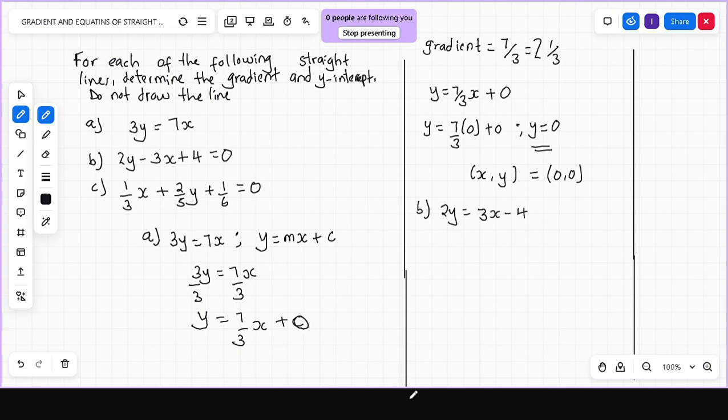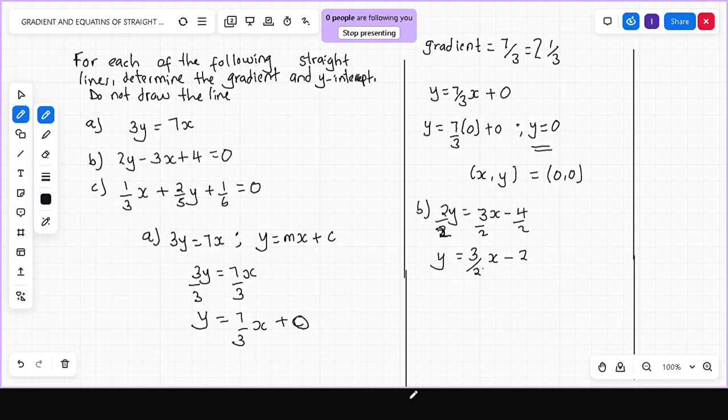The 3x and the 4 cross the equal sign, and the sign of 4 changes to minus 4. Dividing both sides by 2, everything divided by 2, it becomes y equals 3 over 2 x minus 2.